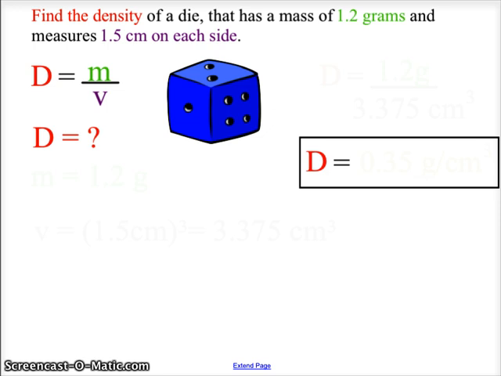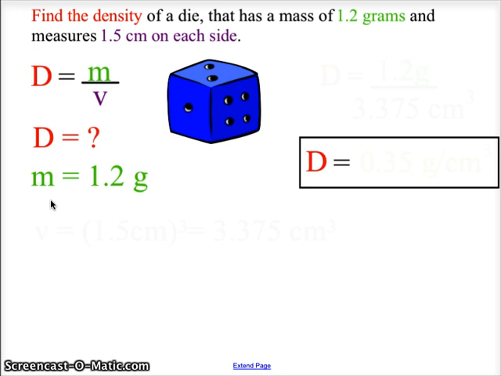So let's do a very basic density problem here: find the density of a die that has a mass of 1.2 grams and measures 1.5 centimeters on each side. We are looking for the density, so of course we're going to use the density formula, D equals m over v. And like any problem solving, we look for what we know already.